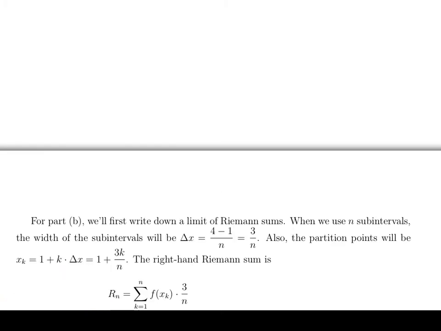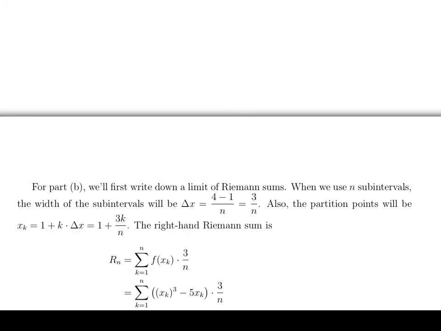The right-hand Riemann sum is the sum where k goes from 1 to n of f of x sub k times 3 over n. This part here is the delta x. Now we can plug the x sub k into f. Remember that f of x was x cubed minus 5x. So we should get something that looks like this.